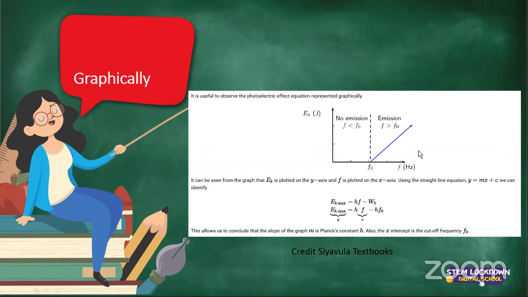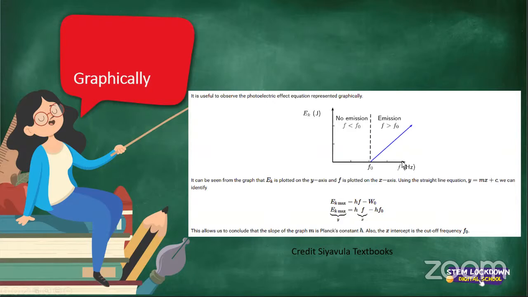So like I was saying, this is your frequency, and this dotted line over here is your cutoff frequency. So remember, that is the minimum frequency with which your substance can be hit in order for an electron to be knocked out. Any frequency below this point will not be able to cause any electron to move off of that surface, but any frequency above this point will.